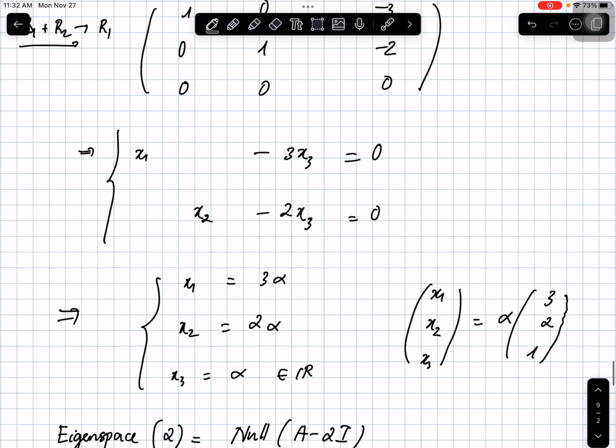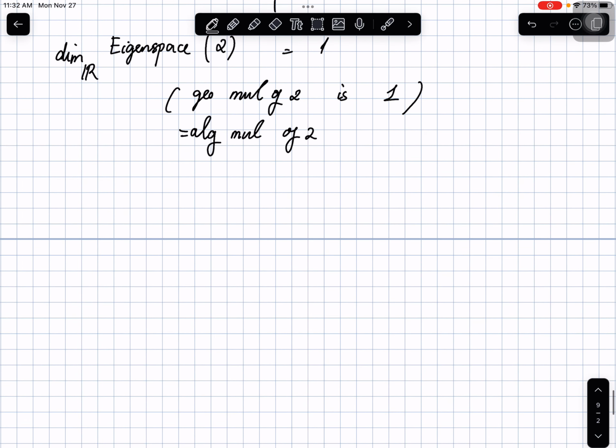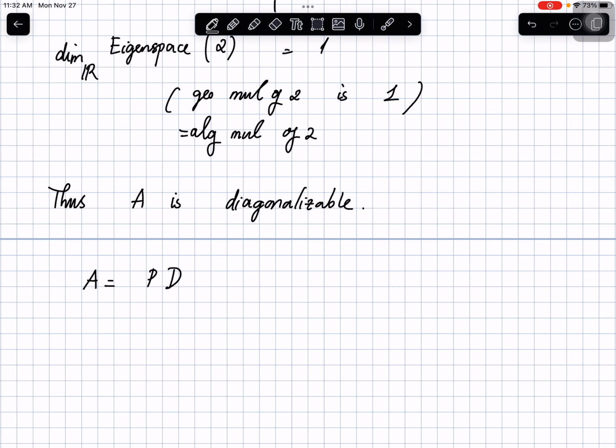So what does that say? It says that the matrix A is diagonalizable, and A can be written as P D P inverse. D is the diagonal matrix that lists all the eigenvalues on the diagonal, and the rest are 0.